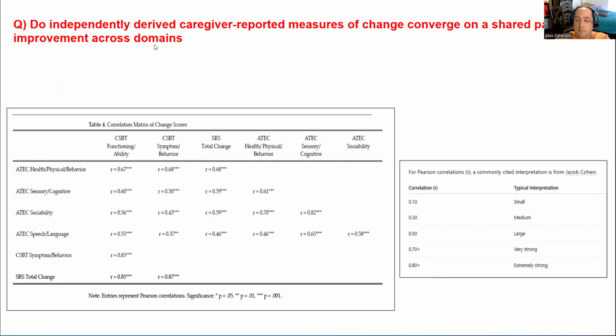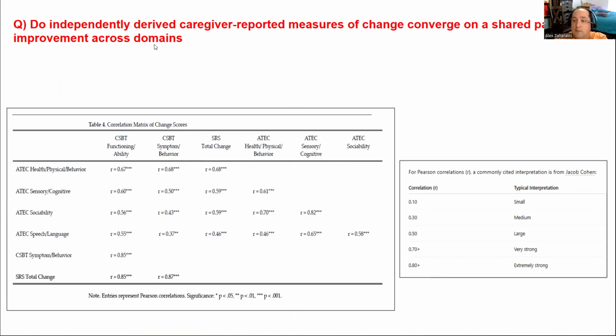Do these measures converge? Do they report the same things, right? Can we say that these three independent assessors give a similar answer? Two of them have been clinically used and validated, with the exception of the modification that we add: improve, worse, or no change at all.